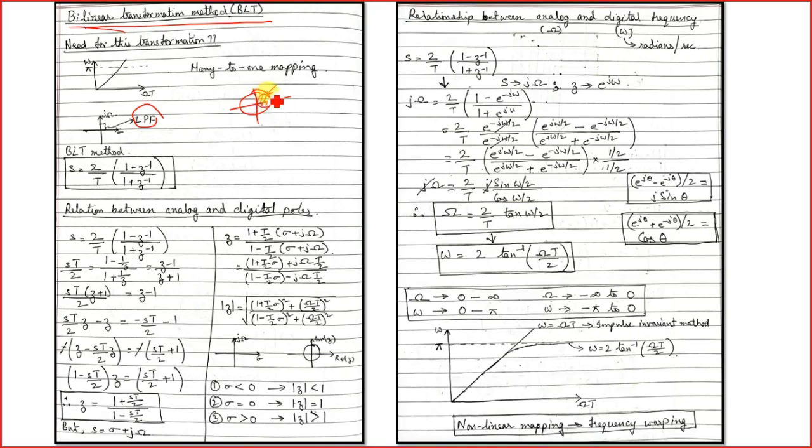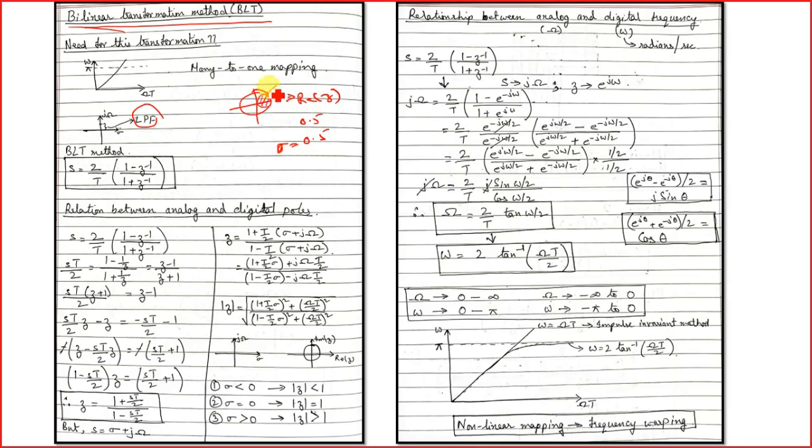The radius of this circle is 0.5 with a center at real z equals 0.5.